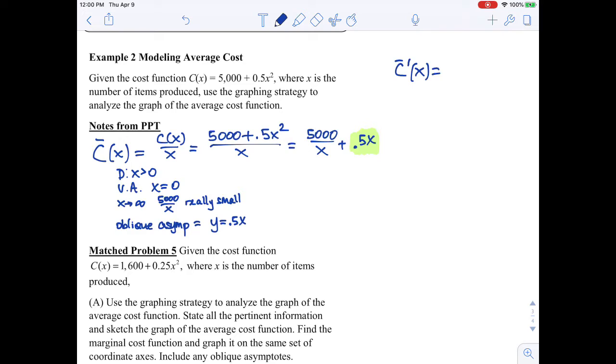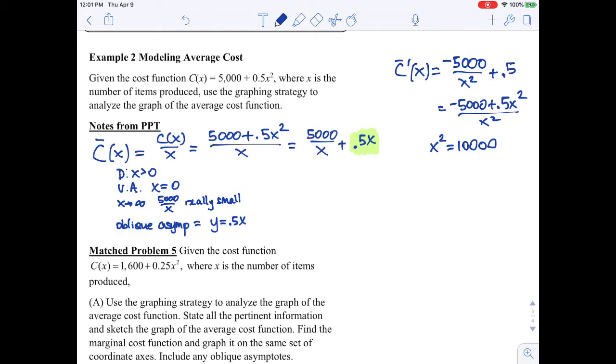The first derivative is going to be negative 5,000 plus 0.5x squared, all over x squared. Set the numerator equal to 0. When you do that, you get 0.5x squared equals 5,000, so x squared equals 10,000.